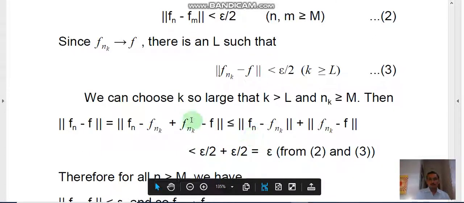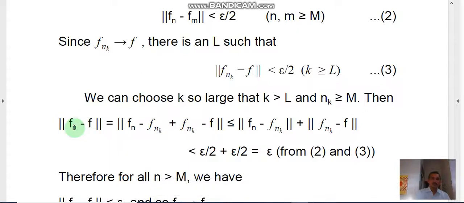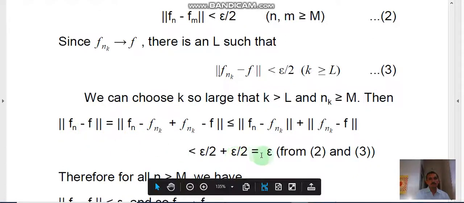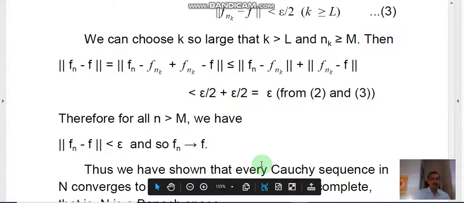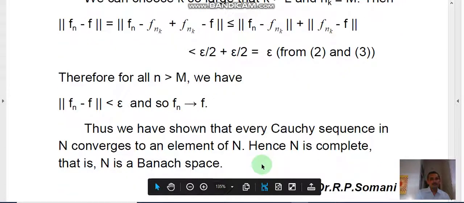So for epsilon there exists an m such that for all n greater than or equal to m, the norm of Fn minus f is less than epsilon. Therefore the sequence Fn is convergent, converging to f.